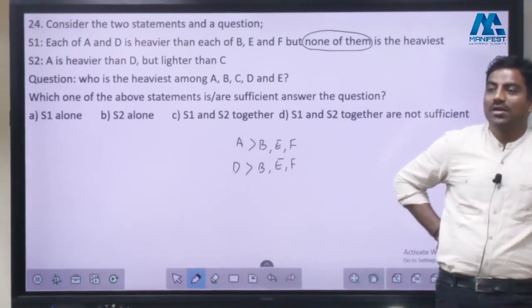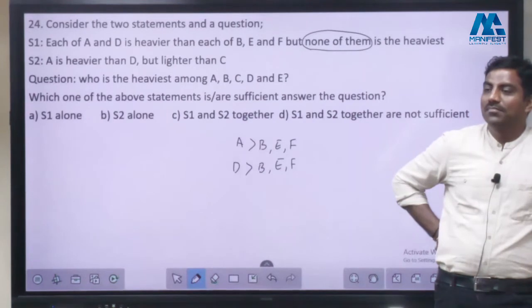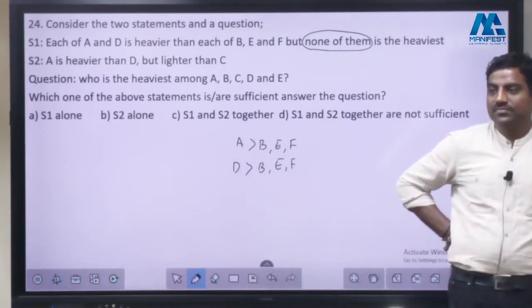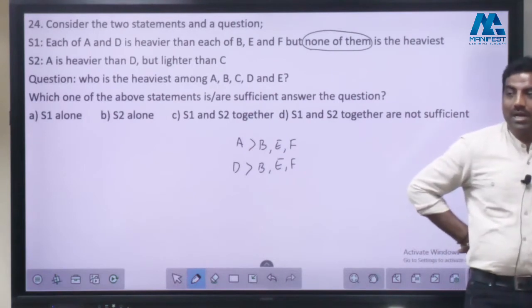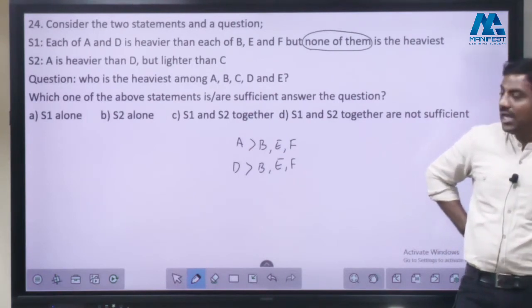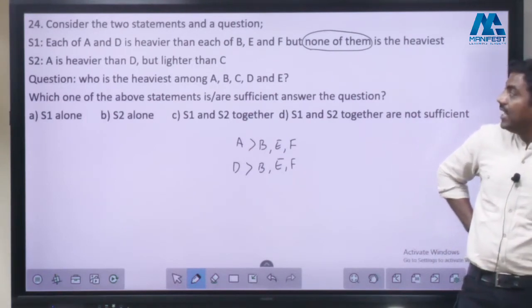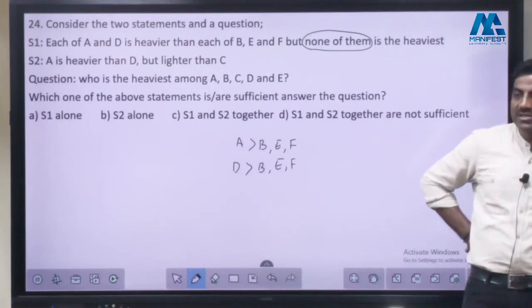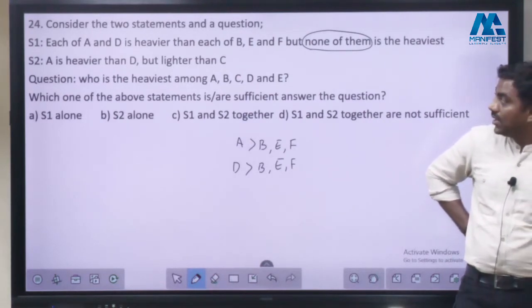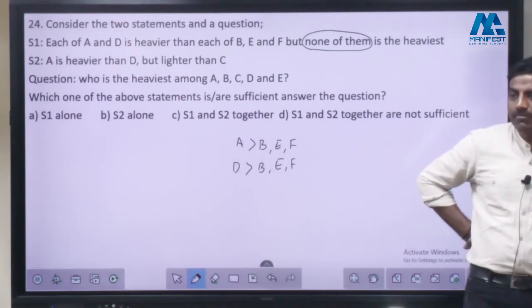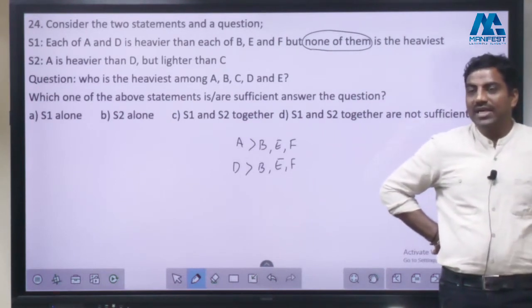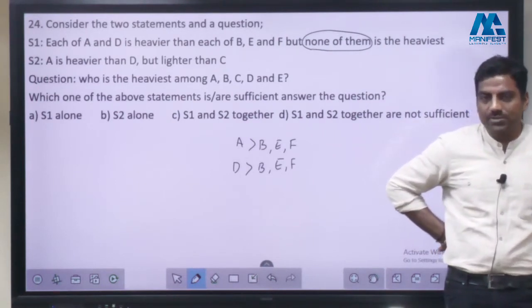Have they given the details of C to us? But among A, D, B, E, F, none of them is the highest. Have they given 6 persons only? If they had given 6 persons, C is the 6th person.